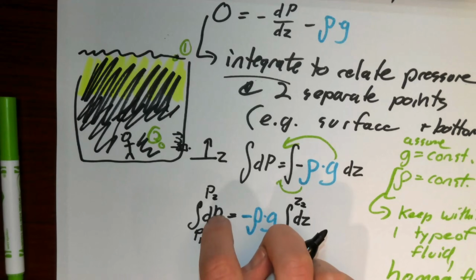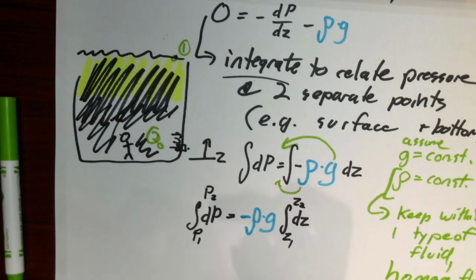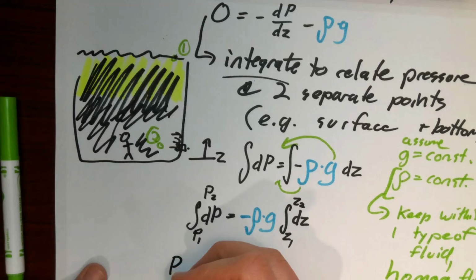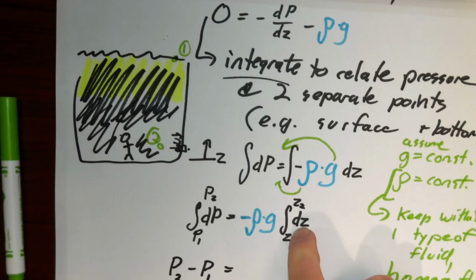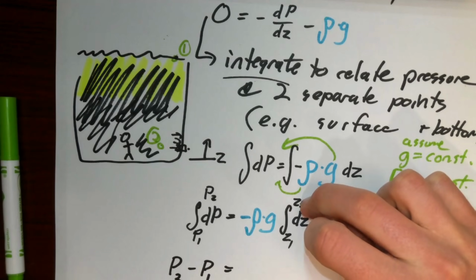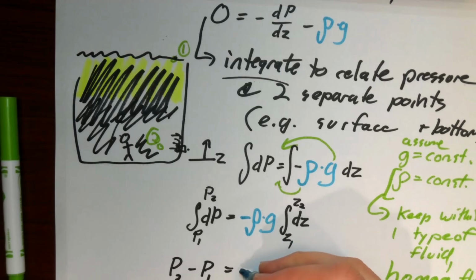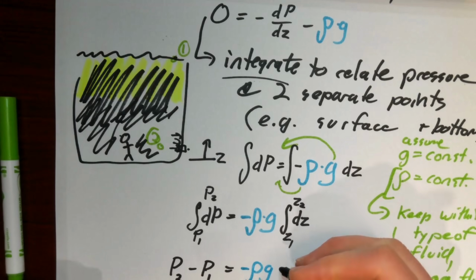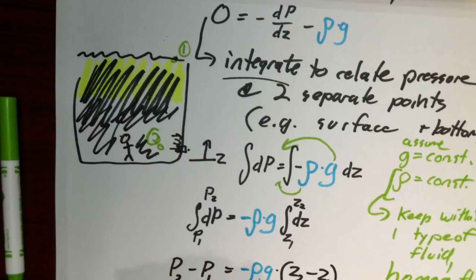Well, if I integrate dp, then I get p, and if I evaluate that integral at p2 and p1, then I get p2 minus p1 on the left-hand side for doing this definite integral. If I integrate dz, then I get z, and if I evaluate that integral at z2 for my upper limit and z1 for my lower limit, and I keep this minus rho g out front, then what do I get? I get minus rho g times z2 minus z1.